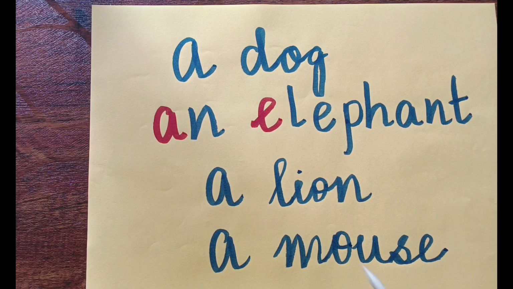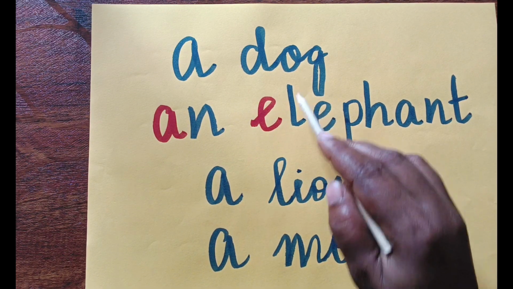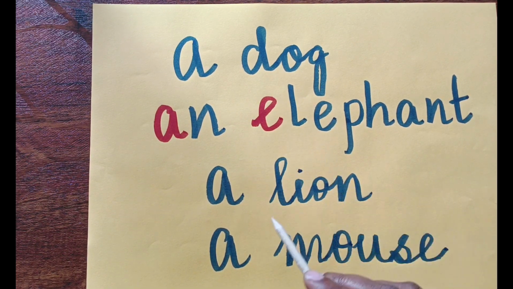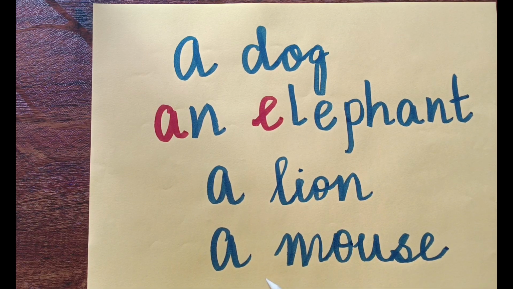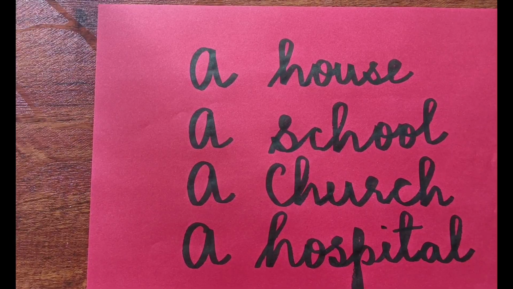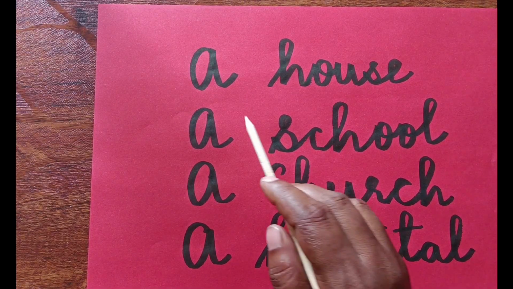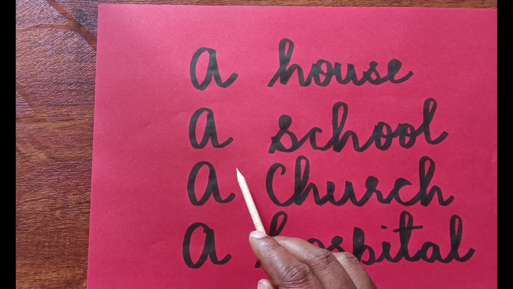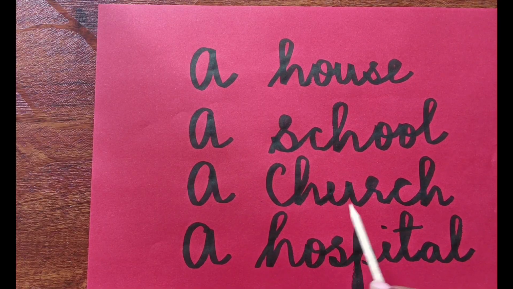Under animals, a dog, an elephant, a lion, a mouse. Under places, we have a house, a school, a church, a hospital.